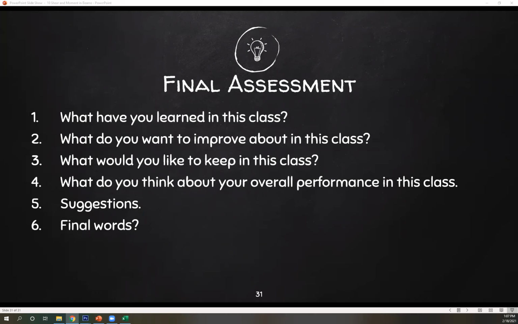Hindi ko lang napalitan. Completed module 1 grade.